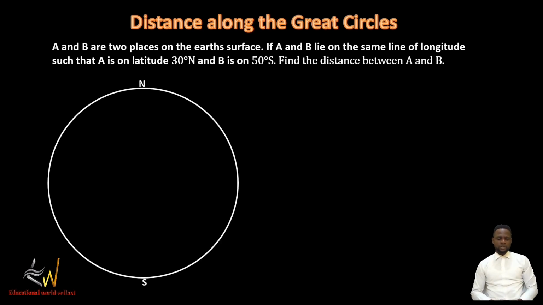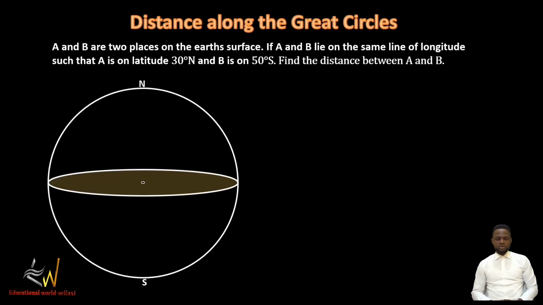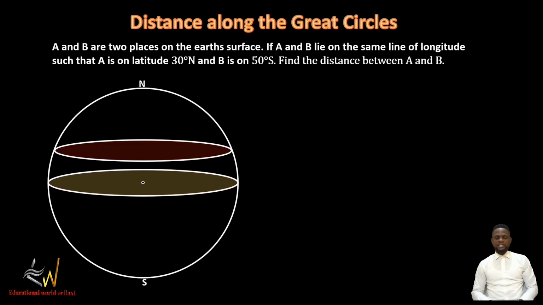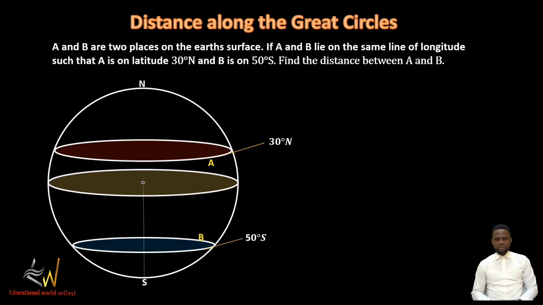So we have the globe, that's the equator, that's the first latitude, and that's the second one. The first one is at 30 degrees north, while the other one is at 50 degrees south.